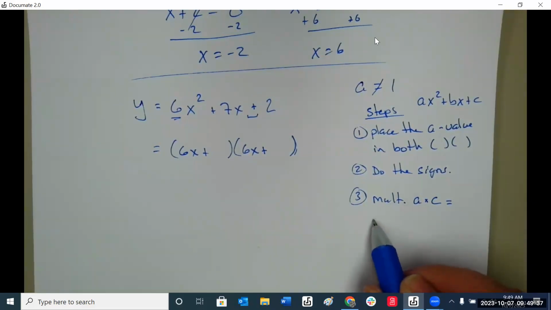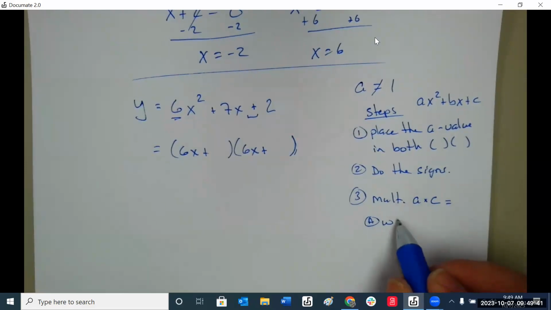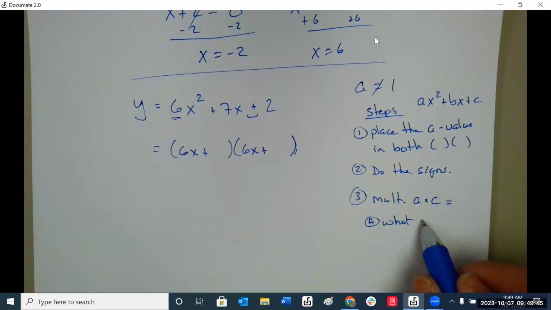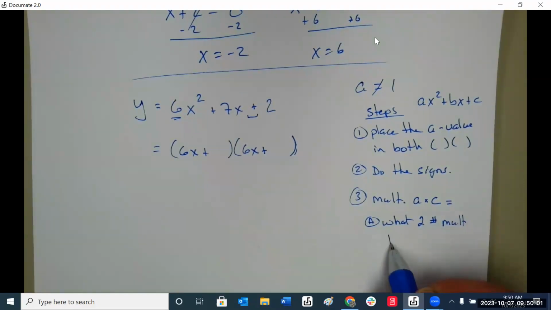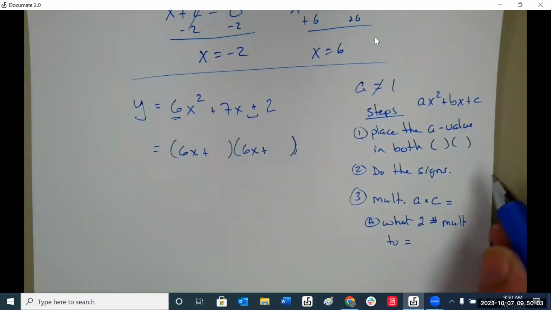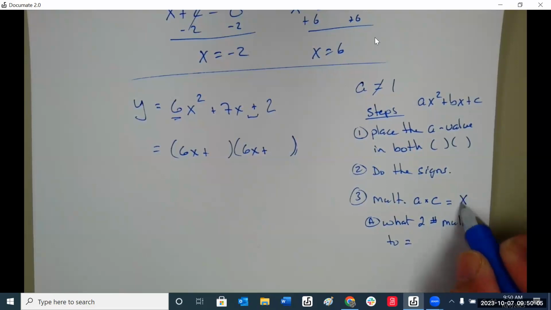Once you do that, you have to figure out what two numbers multiply to equal, let's call this x.